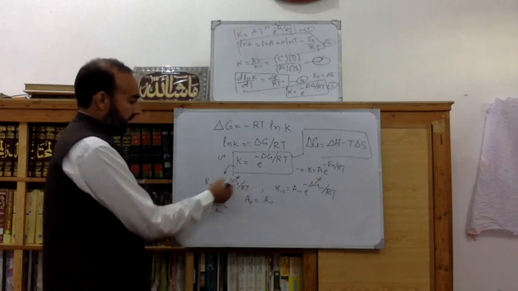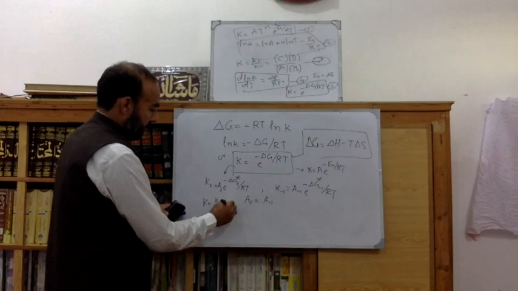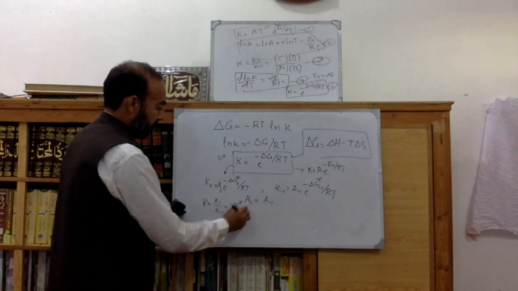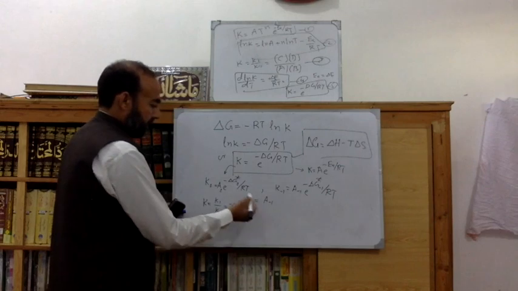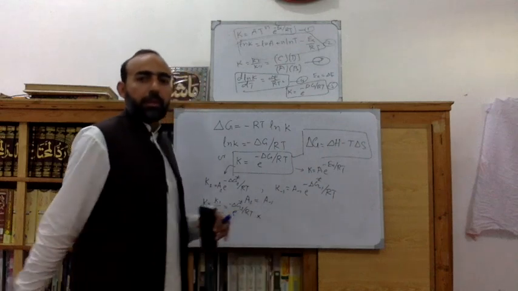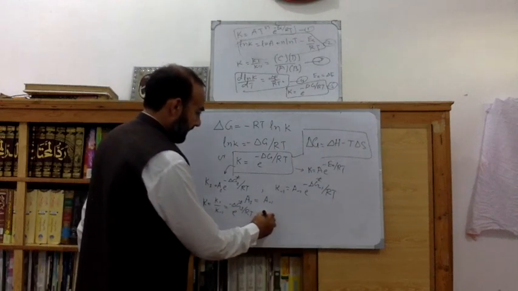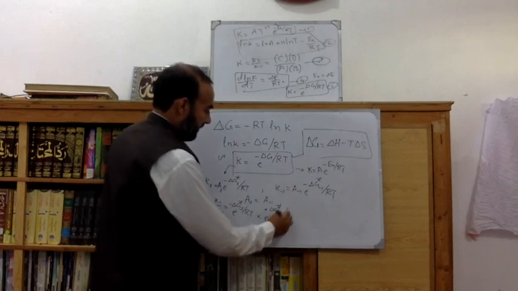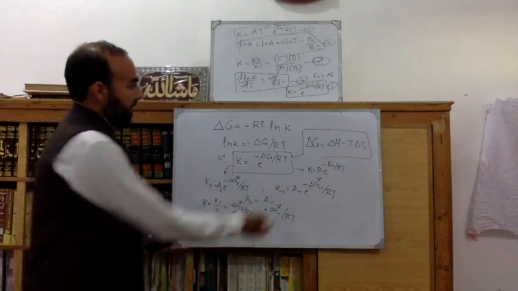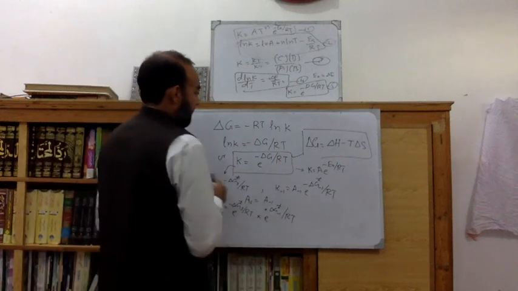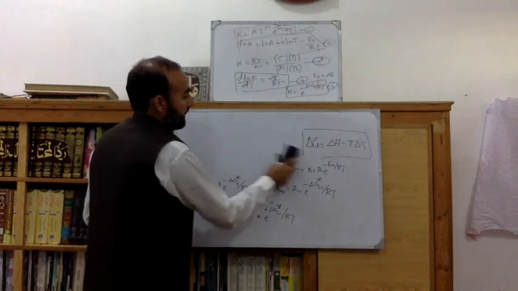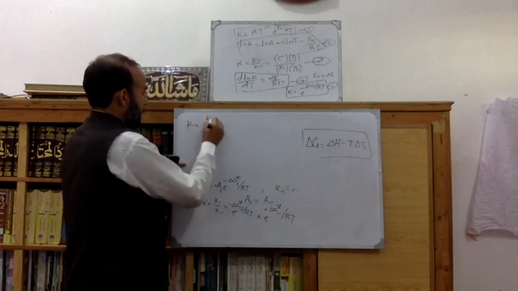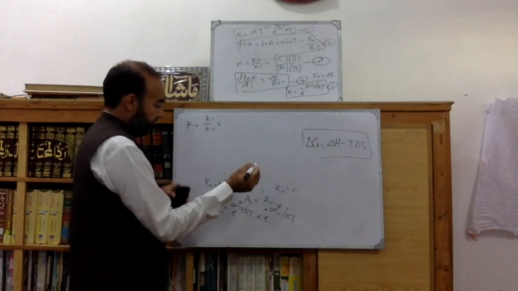Putting the values in, that is e raised to minus ΔG‡ for the forward reaction over RT, divided by, and in division it becomes plus, for the reverse reaction, e raised to plus ΔG‡ inverse over RT. Now just putting the value of ΔG.